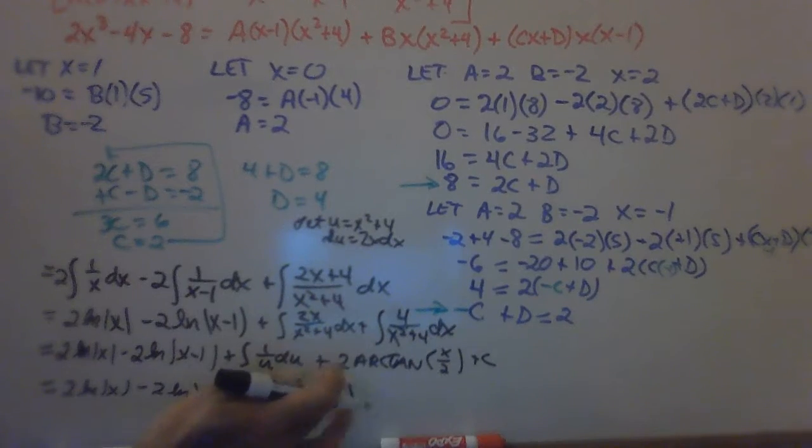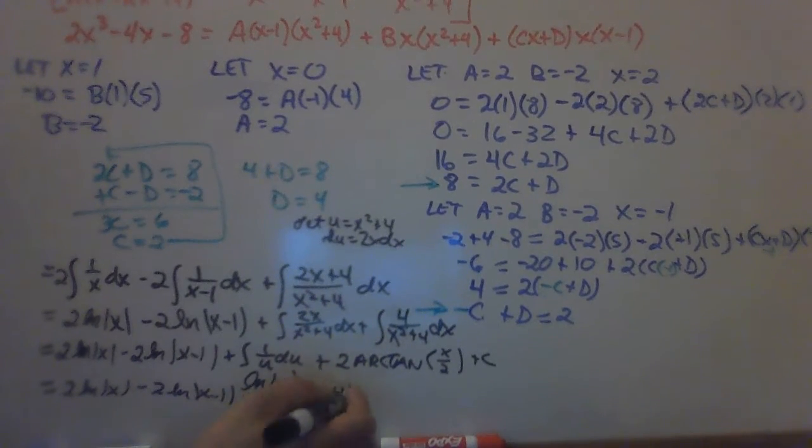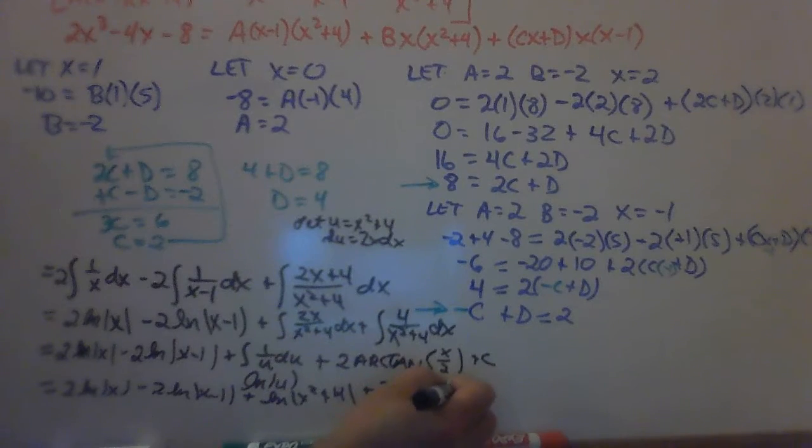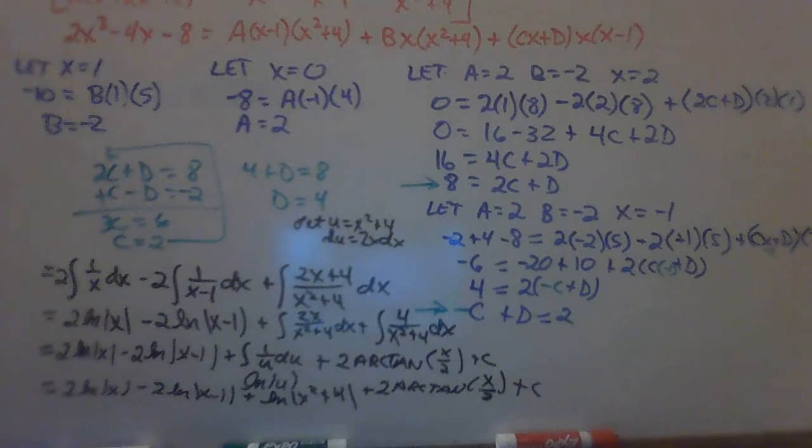That's terrible 4. Plus 2 arctan x over 2 plus c. And we managed to cram that entire thing onto this little tiny dry erase board.